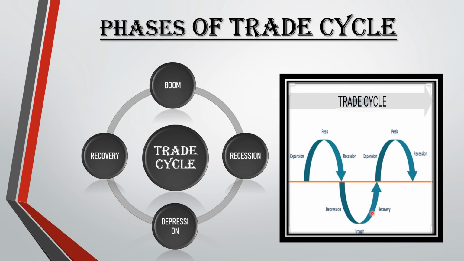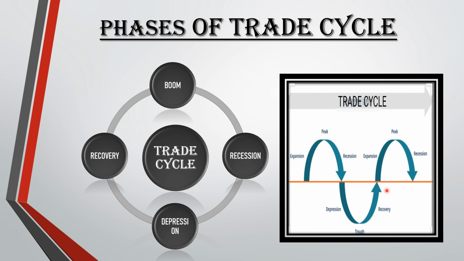The next point is recovery. So in the trade cycle, it starts recovering. After this stage, the economy comes to the stage of recovery. In this phase, there is a turnaround from the trough and the economy starts recovering from the negative growth rate. It's going up now.